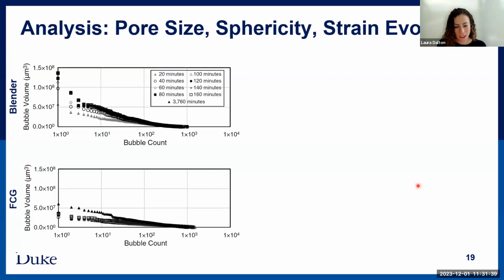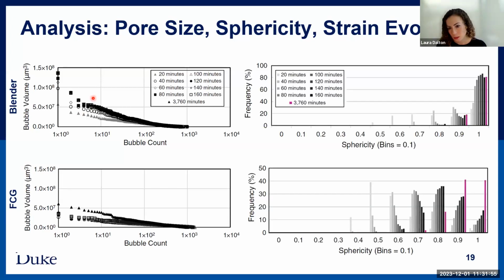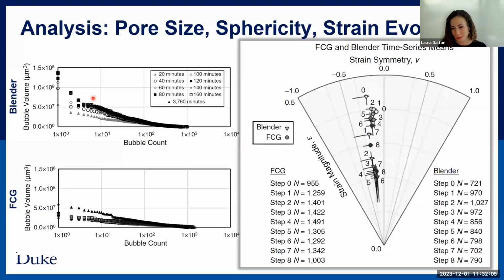Since I was able to segment out those bubble volumes, we could plot those and do a comparison, showing that the bubbles are less uniform with the blender method than FCG. Then we also studied sphericity, which means the degree to which the pores are spherical, which can then be tied to strain evolution on the bubbles.